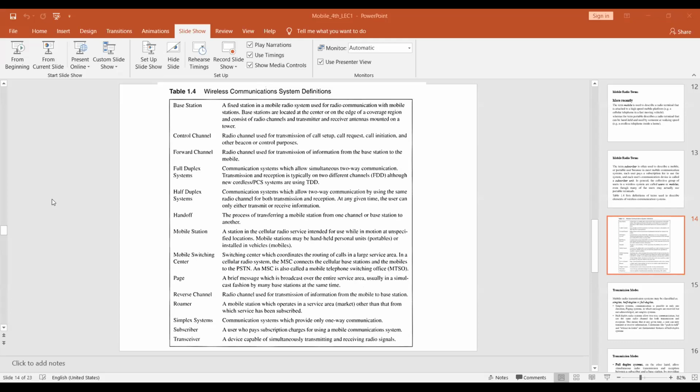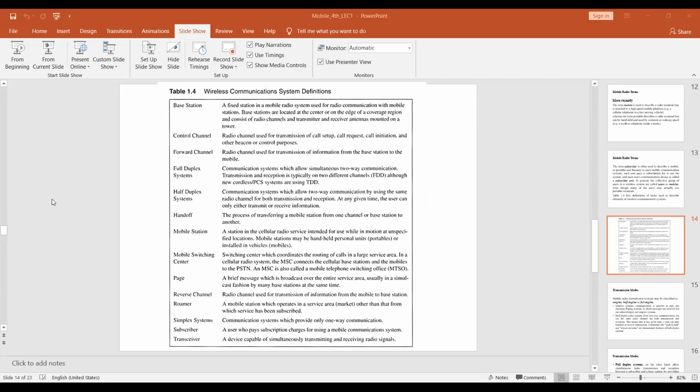All base stations will be connected to the MSC through either fiber optic cables or microwave links. So the base stations are controlled and managed by the MSC, which is the mobile switching center.